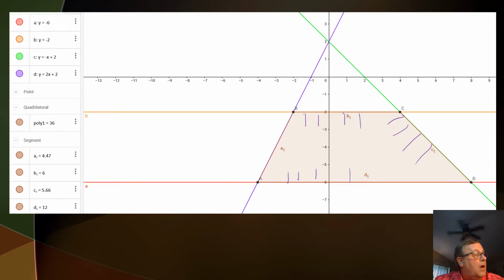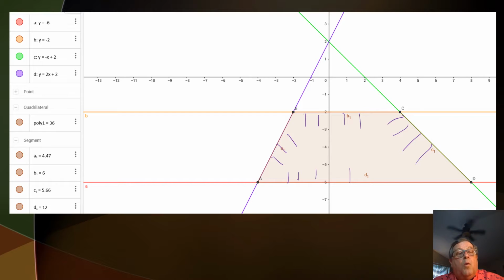And then we had y is less than or equal to 2x plus 2, which is this purple line. With a test point of 0, 0, is 0 less than or equal to 2? That would be true, and so we'd be shading here. You can see I've already shaded this area in, I don't know what color that is. Anyway, it's not white.